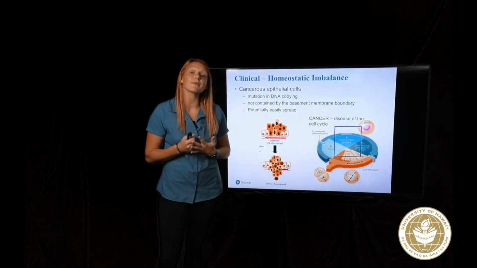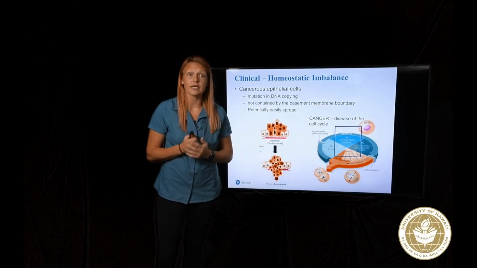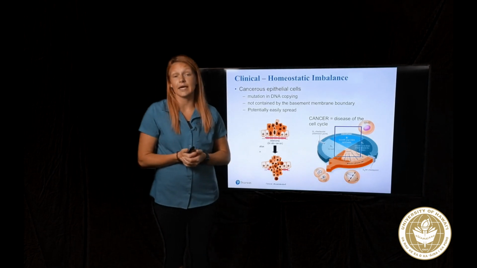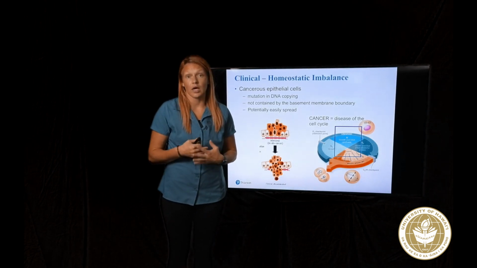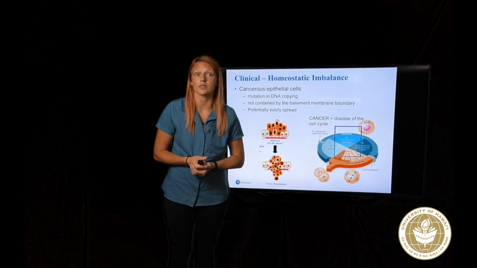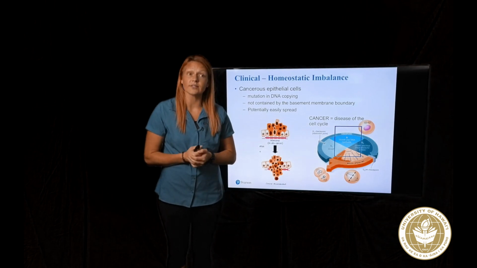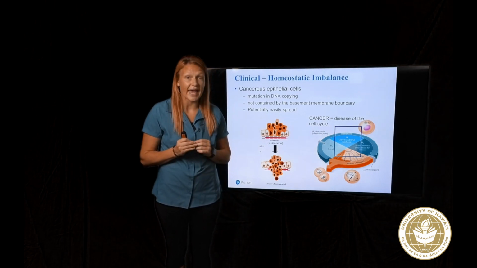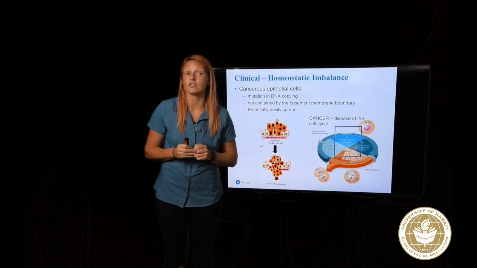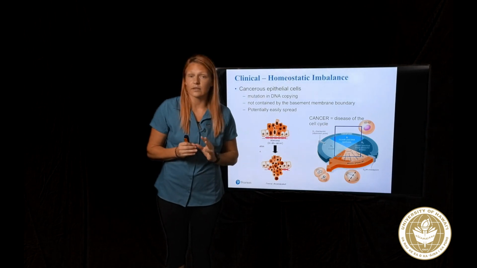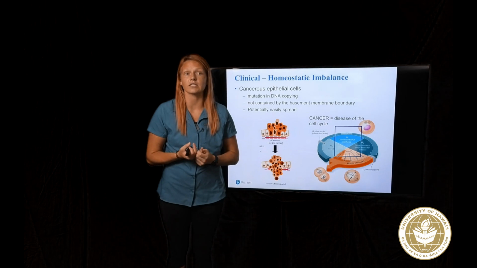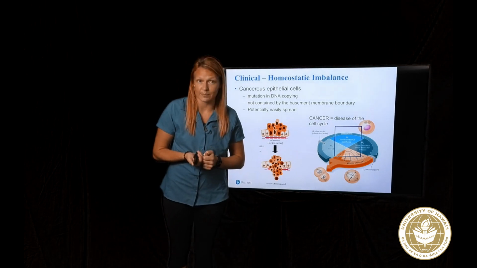So again, that basement membrane is so important because it is responsible for containing mutant and eventually cancerous cells. So if the basement membrane fails, the mutant cells are going to penetrate into that connective tissue more easily. They're going to go right through into the connective tissue, and then they're going to more easily spread.